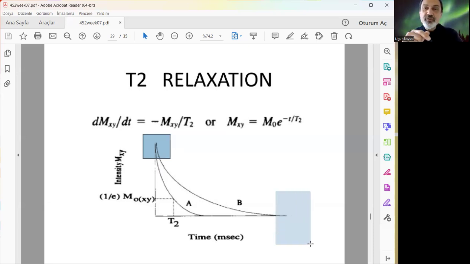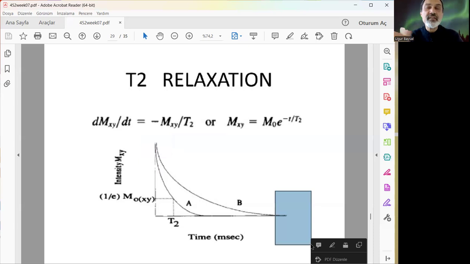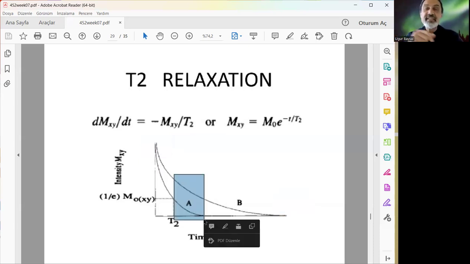Again, these two tissues have almost zero signal at a very long time later, but the signal difference between these curves is highest at the intermediate time. So again, MR signal acquisition parameters are adjusted such that the signal is obtained at these times to maximize T2, so-called T2 contrast moments, okay?